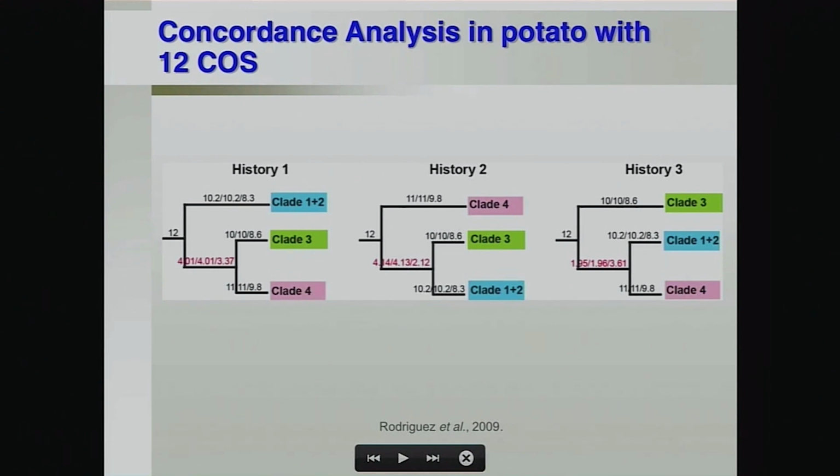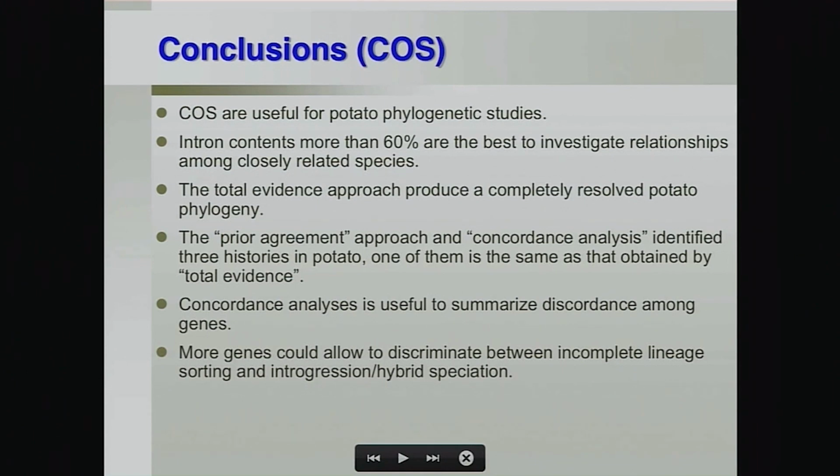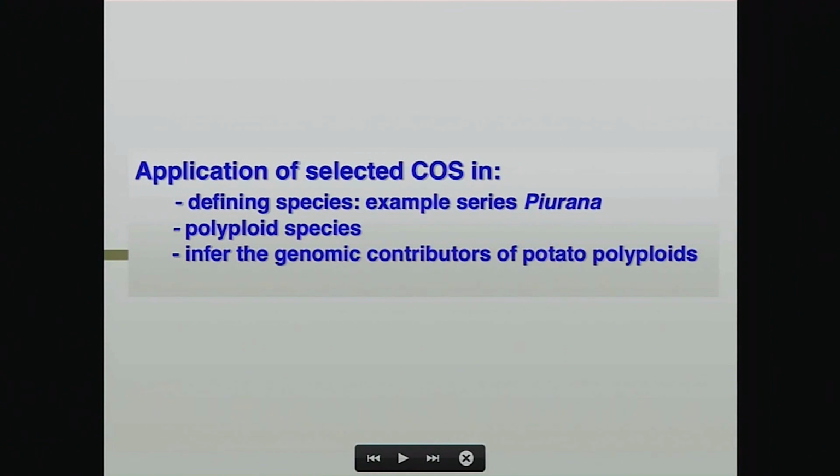We wanted to know if this history is going to change if we include more genes. Because concordance analysis is useful to summarize discordance among genes. Why? Because in one single analysis, you can get all the possible histories, and more genes could allow us to discriminate between incomplete lineage sorting and introgression or hybridization.